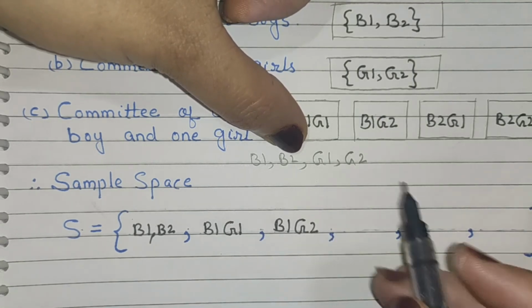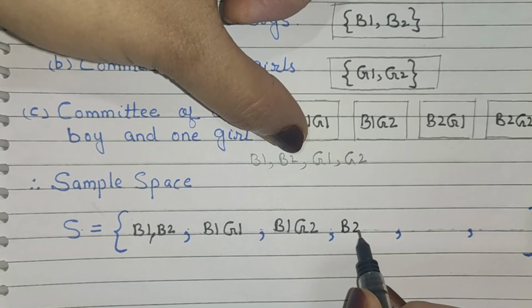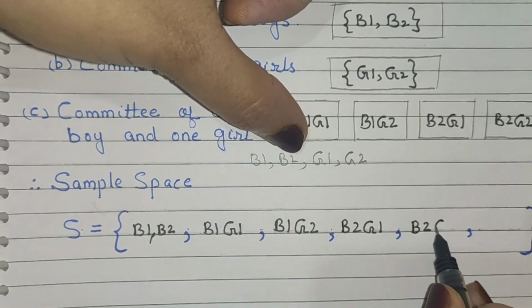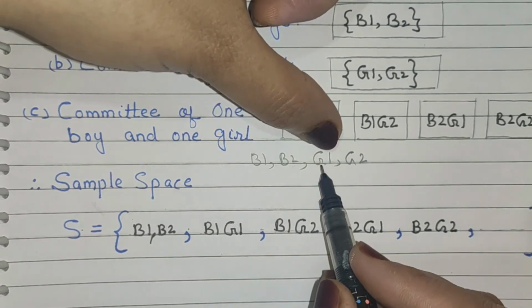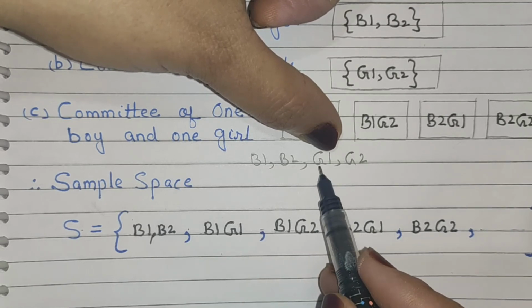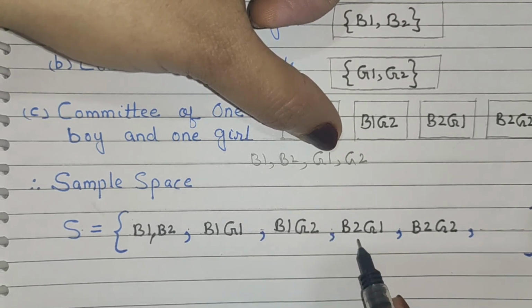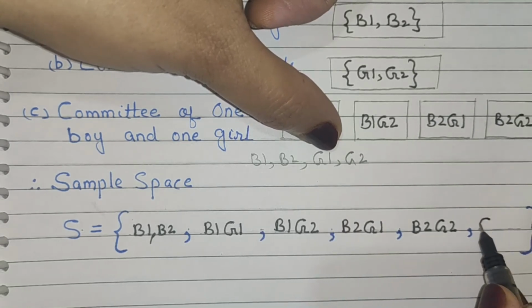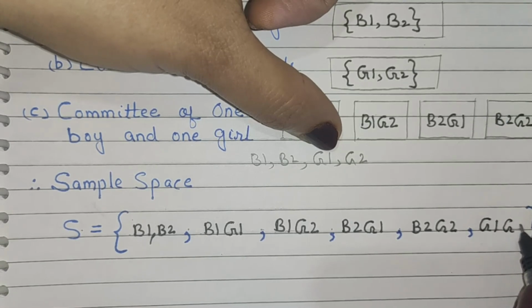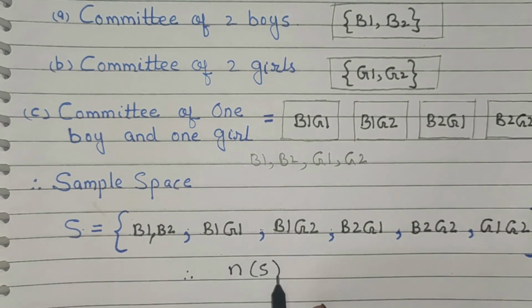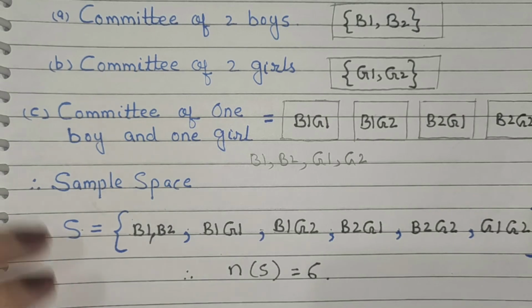Now B2, G1. B2, G2. Now the next G1. G1, B1, here we get G1, B1, already made. Now G1, B2, we get here also G1, B2. Now next one is G1 with G2. Therefore, 1, 2, 3, 4, 5, 6. We get n of S is equal to 6.